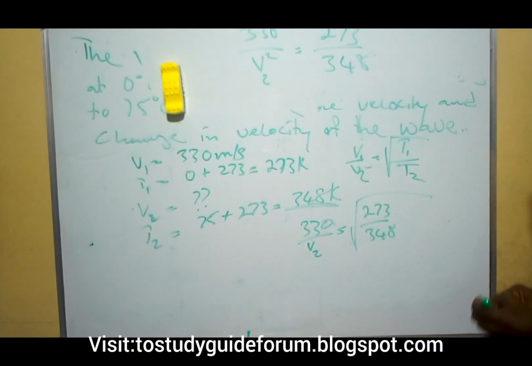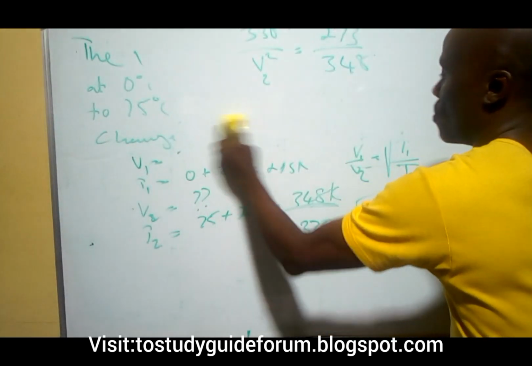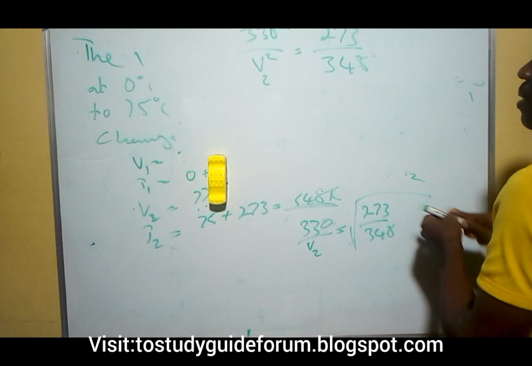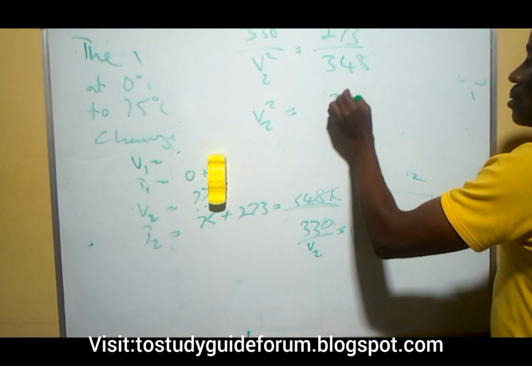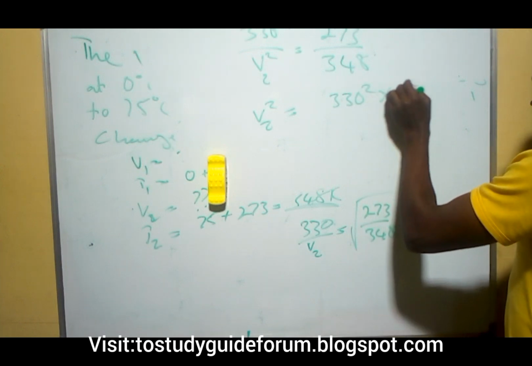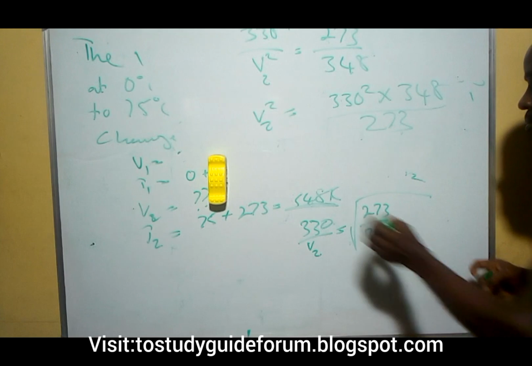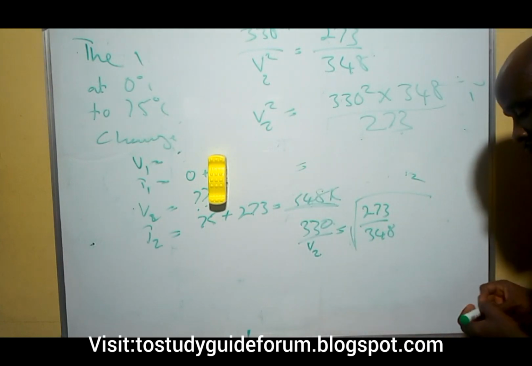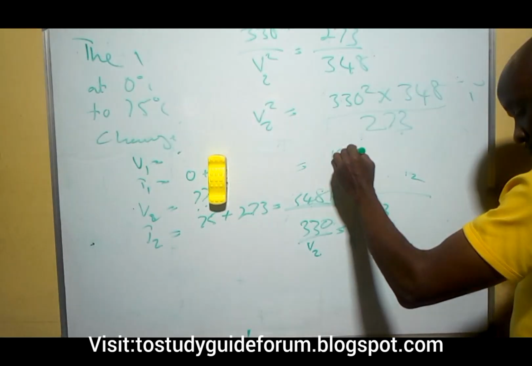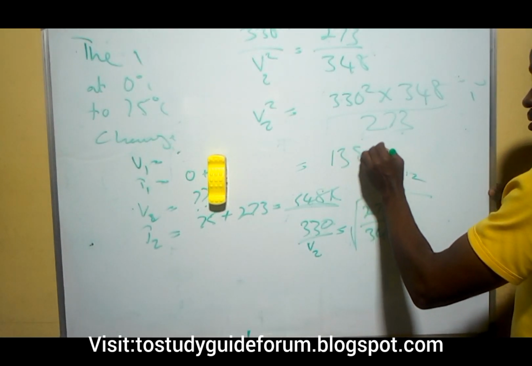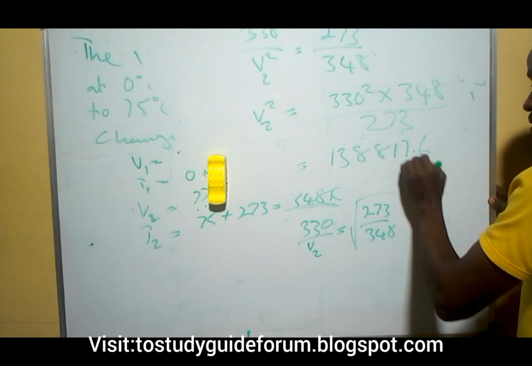348. So when we cross multiply, we will have V2 squared to be equal to 330 squared times 348 all over 273. That will give us 1388176.